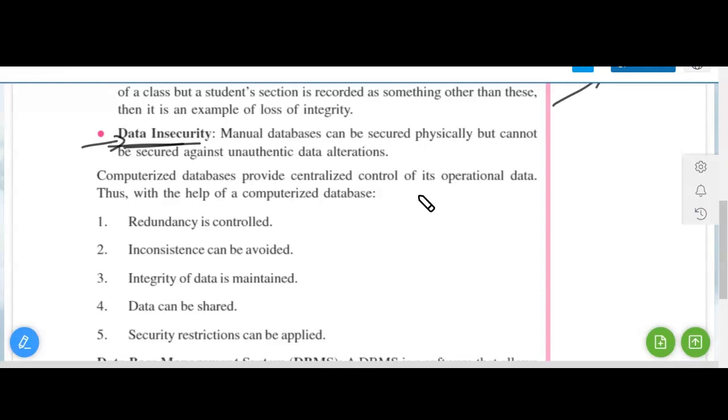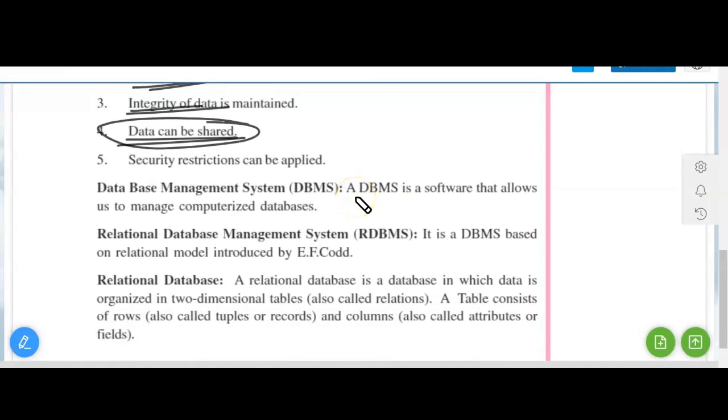When computerized databases are used, redundancy is controlled, inconsistency is controlled, data integrity is maintained, data can be shared, and security restrictions can also be applied. That means somebody who is not related to the school cannot change anything in the table or the database. That's a kind of security imposed on the table.